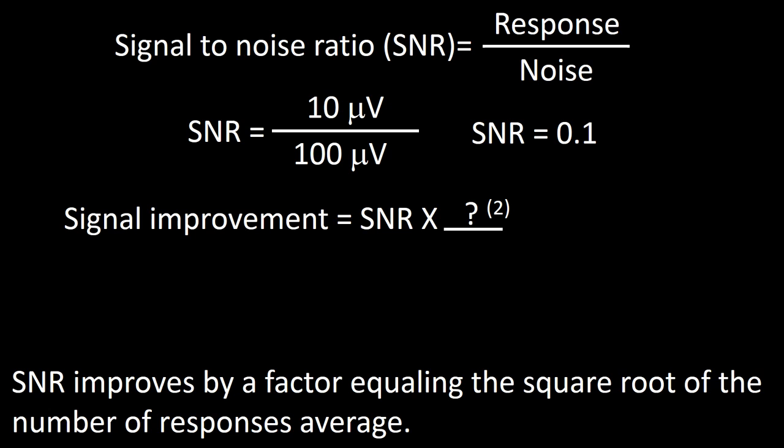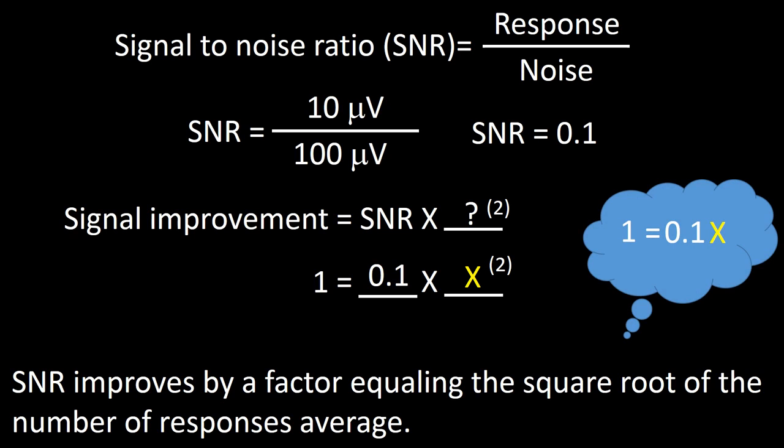So in this question, we want to improve the ratio of 0.1 to a ratio of 1, which I have now represented in this frame. Then executing this operation step by step, you see that 10 is equal to x.